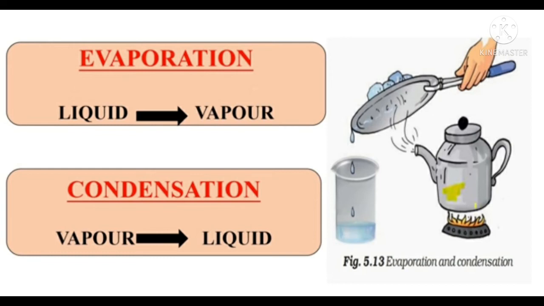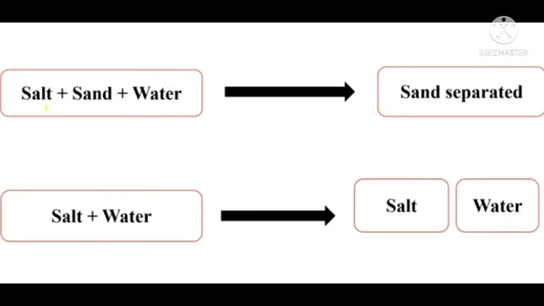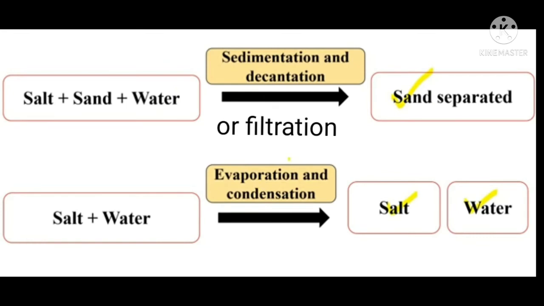This is how, when the water completely gets evaporated and condensed, the salt is separated from the water and left behind, and the liquid water is collected in another container. In this way, we can separate salt and sand from the water.